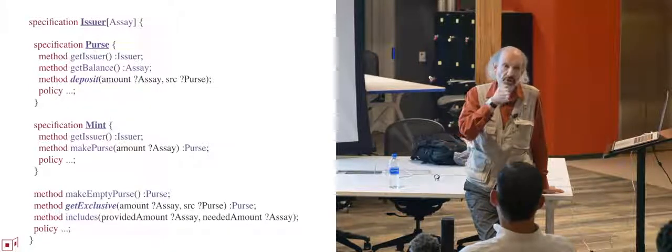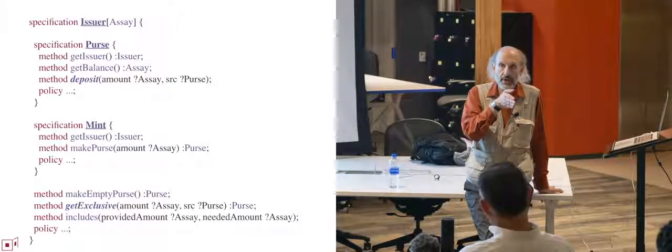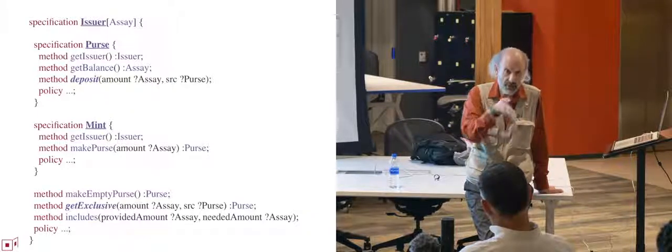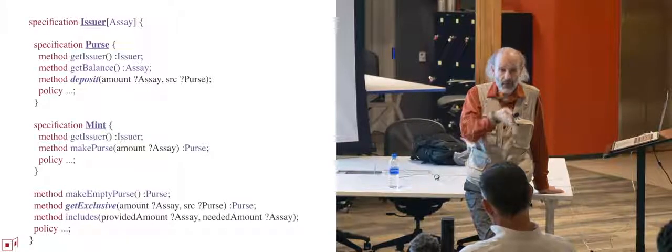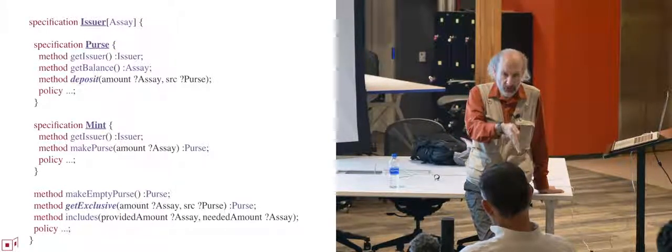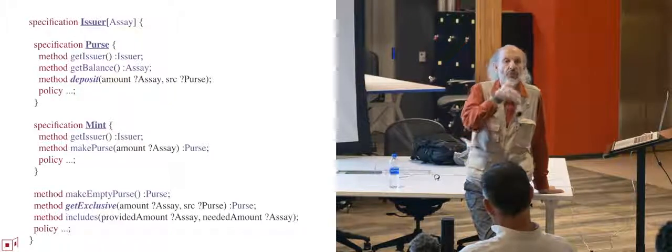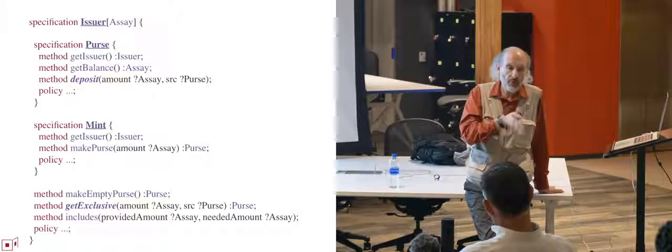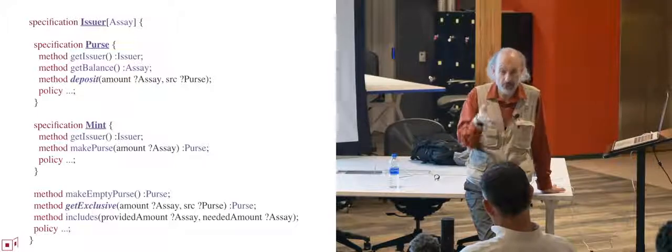And the crucial thing that actually caused a breakthrough in the nature of the specification language, to figure out how to really say it in an intuitive manner, is that a deposit reporting success means that the invoker of the deposit, Bob depositing Alice's money, can trust that he has actually received an exclusive on the described amount of money.